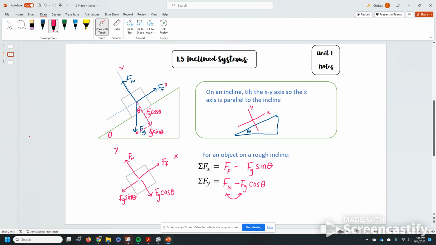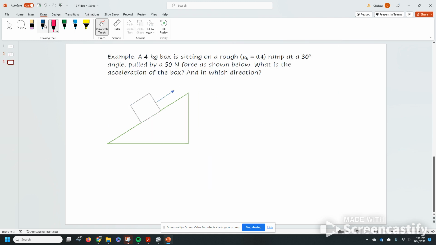Let's do an example. All right, so we have a 4 kilogram box sitting on a rough ramp with that coefficient of friction. It's a 30-degree angle pulled by a 50 Newton force. What is the acceleration and in what direction? So let's go ahead and draw our other forces.